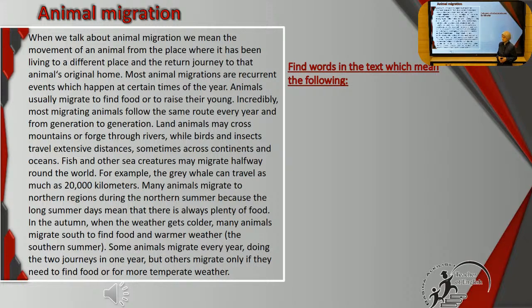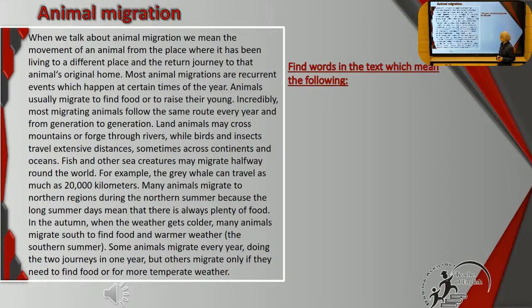Land animals may cross mountains or forge through rivers, while birds and insects travel extensive distances, sometimes across continents and oceans. Fish and other sea creatures may migrate halfway around the world. For example, the gray whale can travel as much as 20,000 kilometers.